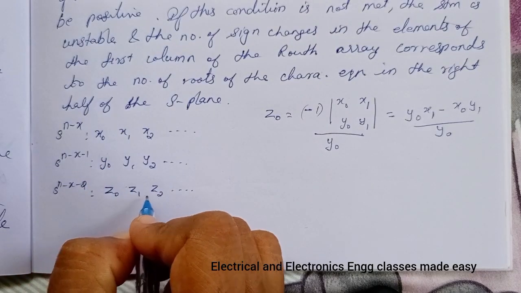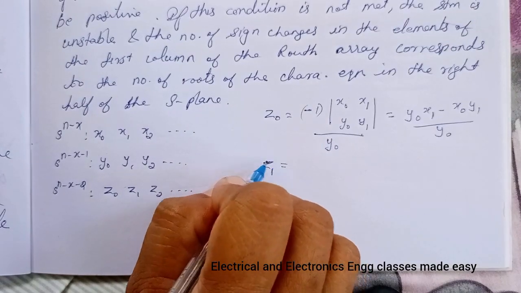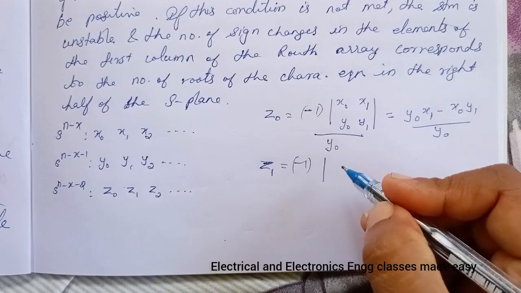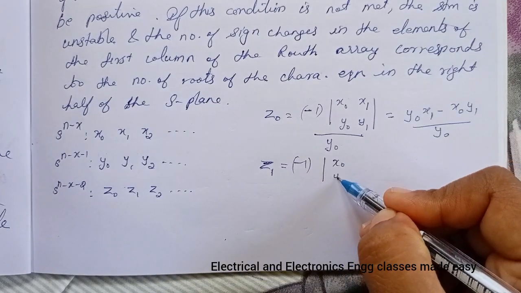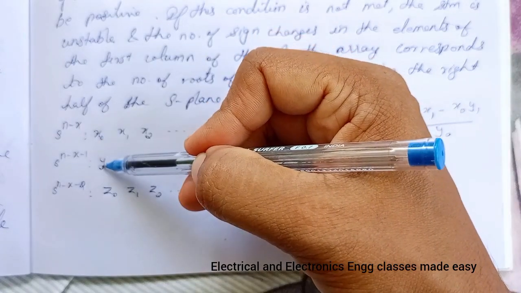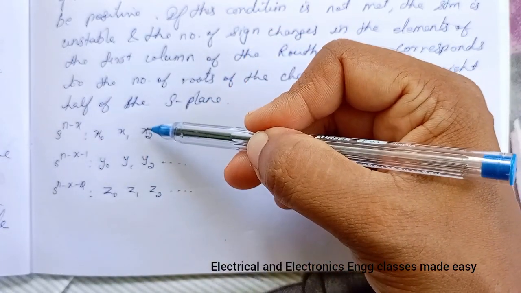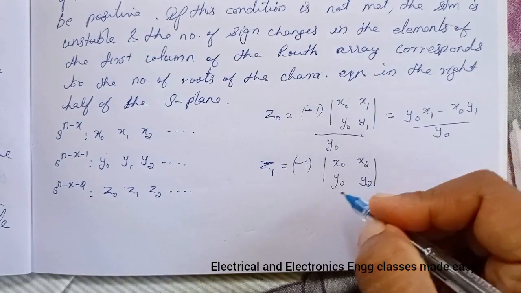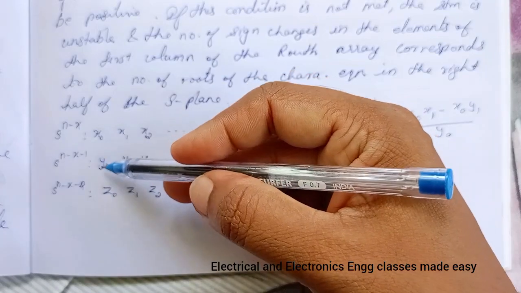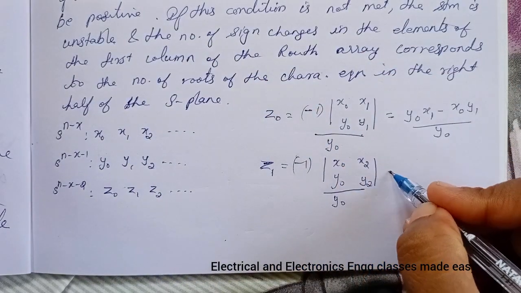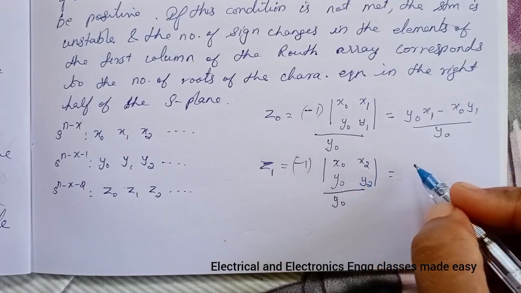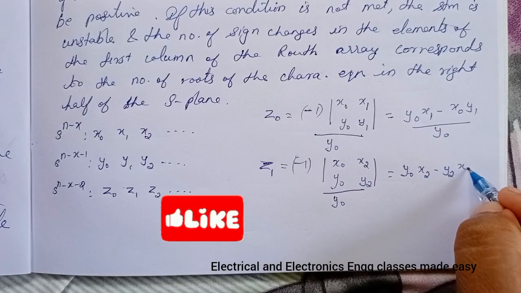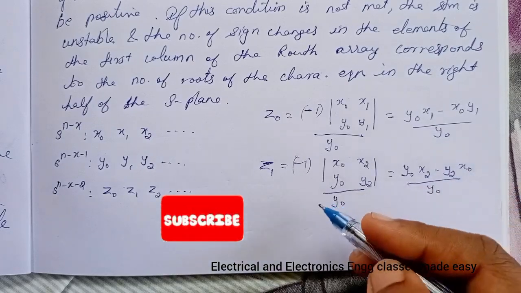Like z1 is minus 1 times the determinant of x0, y0, and the next elements x2, y2, divided by y0, and that is y0 x2 minus y2 x0 divided by y0.